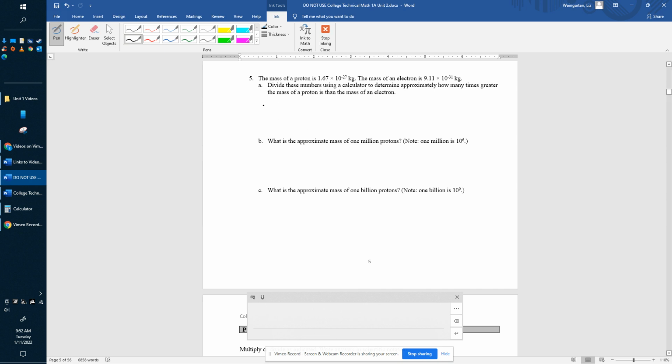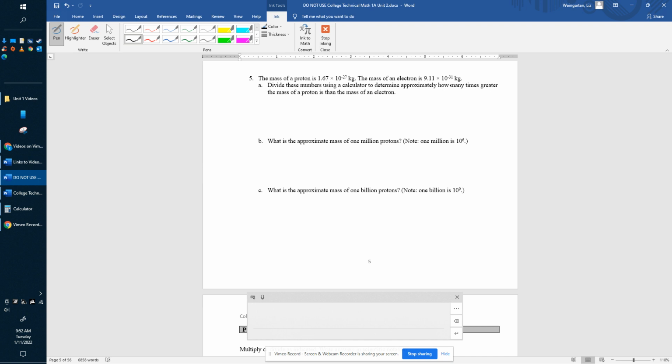Let's not use a calculator. Let's just do it ourselves. We can use the calculator to divide our 1.67 and 9.11, but I want to show you how to divide this. So we want the larger value on top. Which one of these is larger? 1.67 times 10 to the negative 27th or 9.11 times 10 to the negative 31st? Remember, we're dealing with negative exponents.